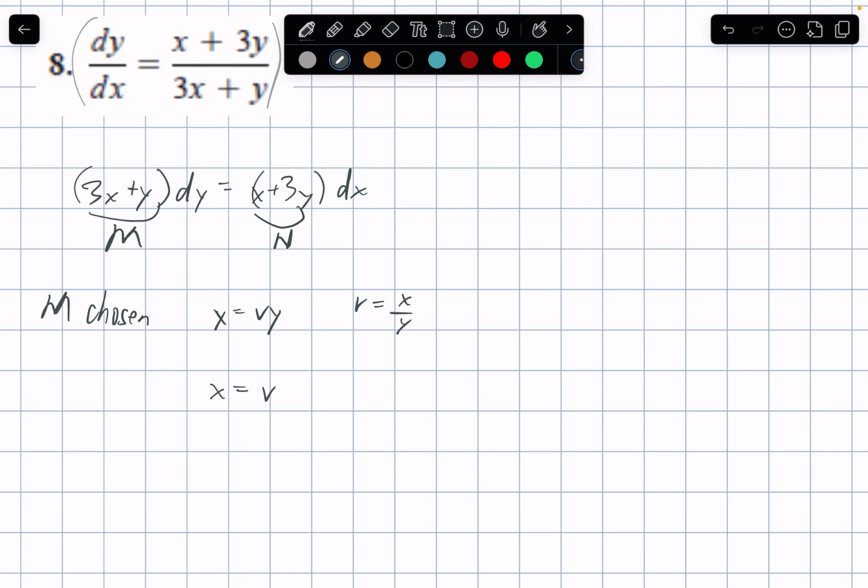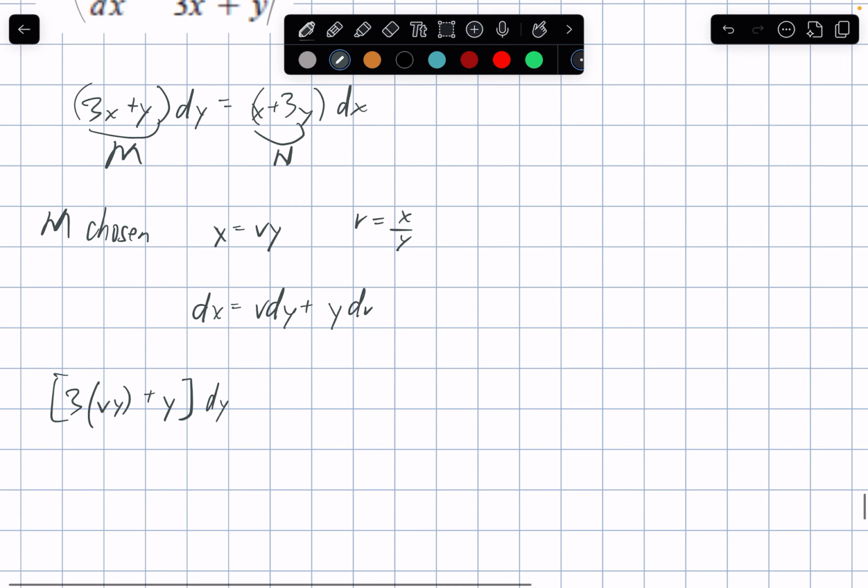X is equal to vy. No. Substitute. Vy plus y. Wait, sorry. Let's derive first. Dx is equal to v dy plus y dv.